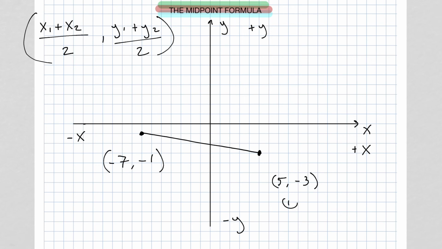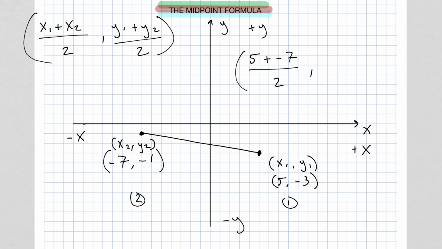Okay, let's call this point number 1 and this point number 2. So that means this is our x1, comma, y1. Okay, and this is our x2, comma, y2. Okay, so plugging these numbers into our midpoint formula, we have x1 plus x2. So x1 we're going to say is 5, plus x2 is -7, over 2.